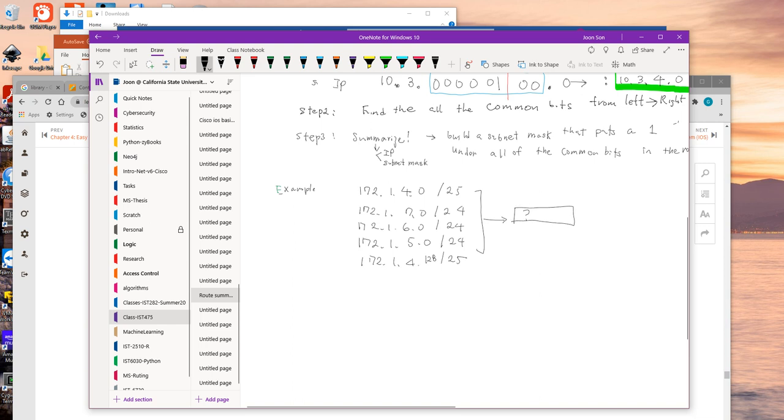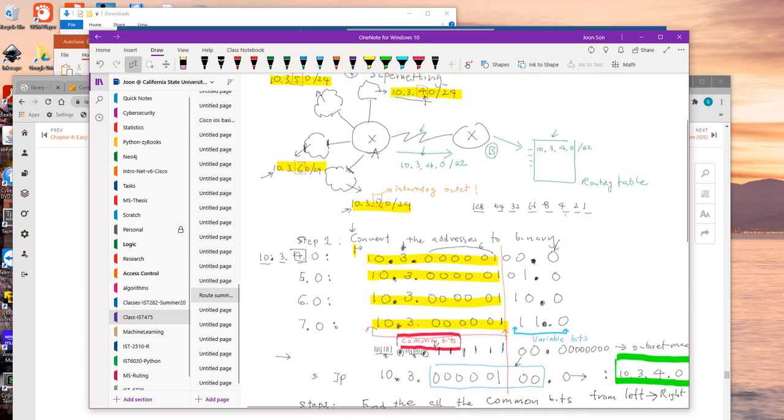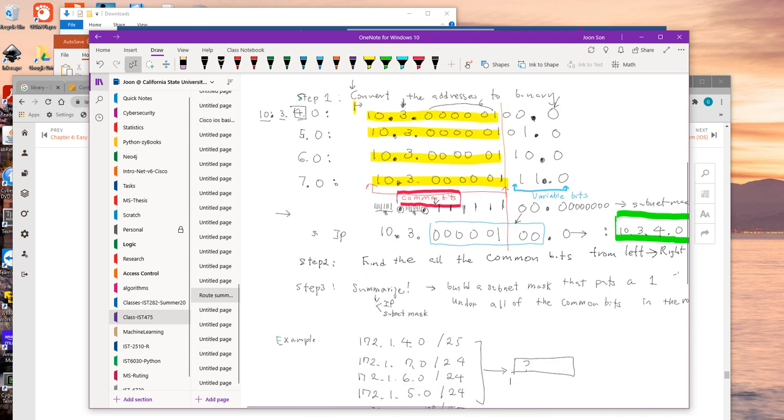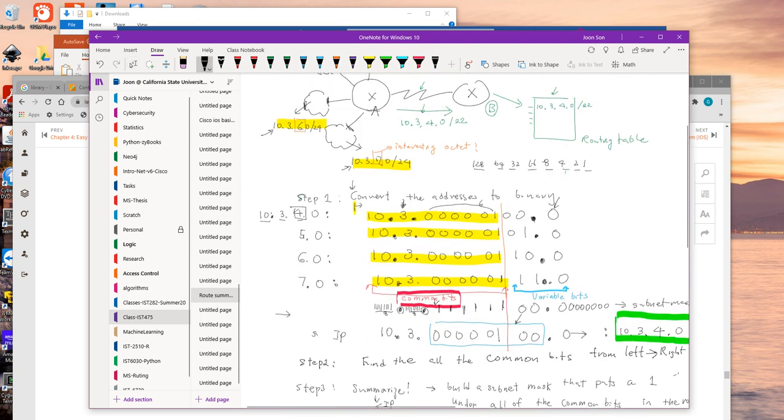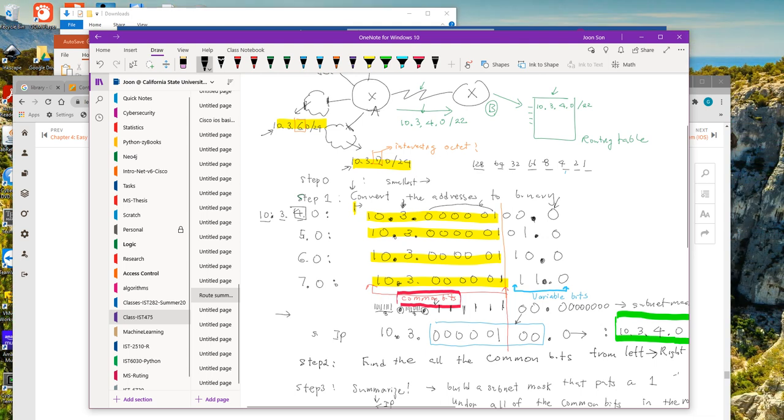Okay, so step number 1 was to convert the address to binary, but let me add one more. Maybe step number 0 is when you list the IP addresses, list all the IP addresses from smallest to the largest.